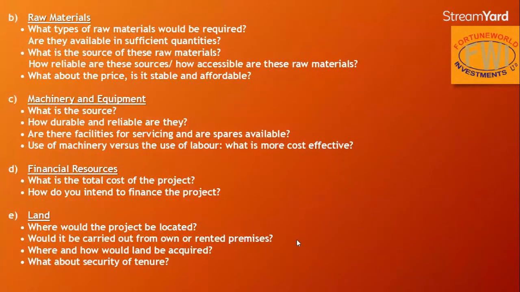Now, you must ask yourself this question: where would this project be? On which land? Where? Is it in Kazomba? If it is in Kazomba, where about in Kazomba? On whose land?